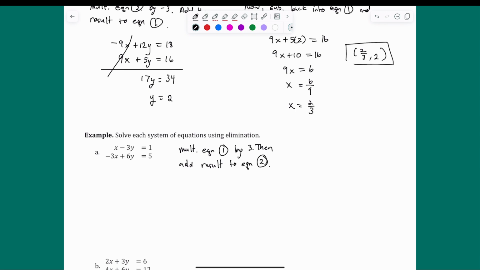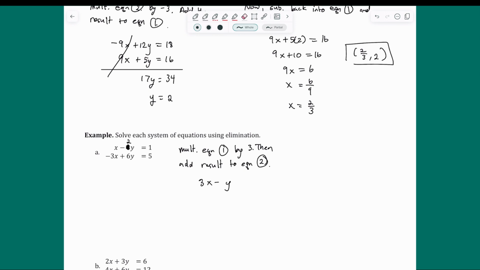All right, so let's multiply equation 1 by 3. So if we do that, we get 3x minus 9y. And it looks like I have a typo. I just realized here. My notes didn't update here. This here should be a minus 2y. My apologies.